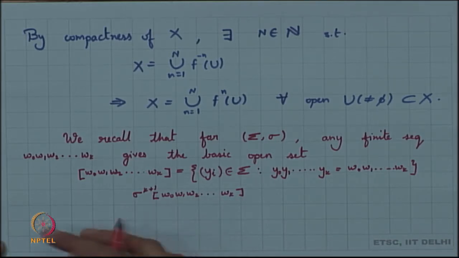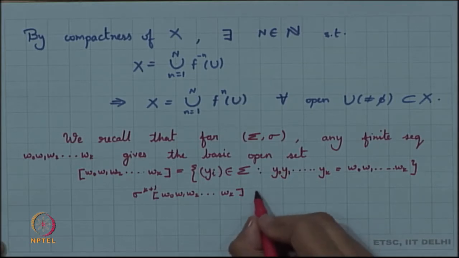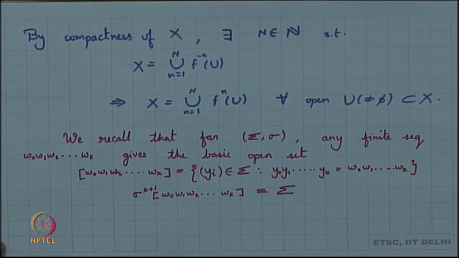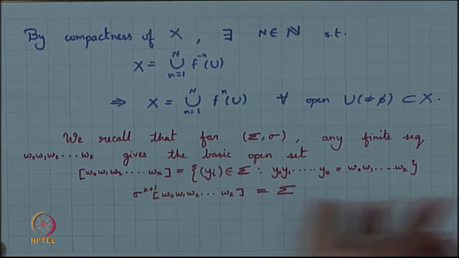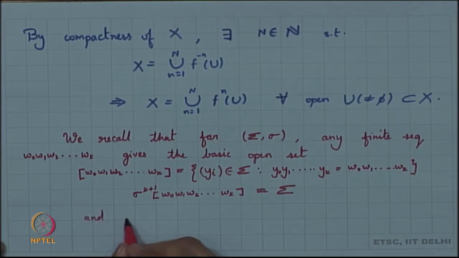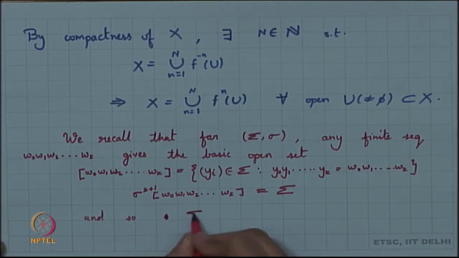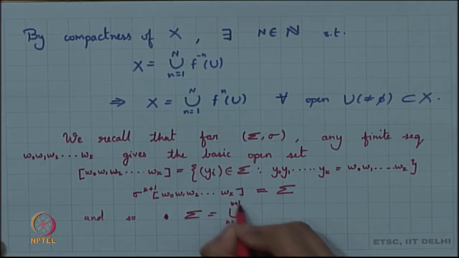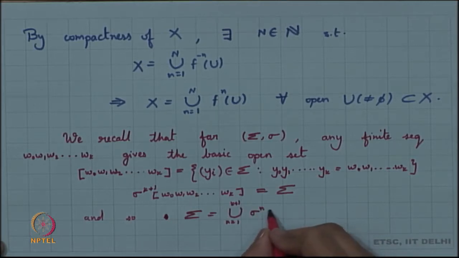We find that this will be the whole of Sigma, since you get everything after that. So the (k+1)th image is Sigma itself, and we can deduce that Sigma can be written as the union of sigma^n of this basic open set, n going from 1 to k plus 1.